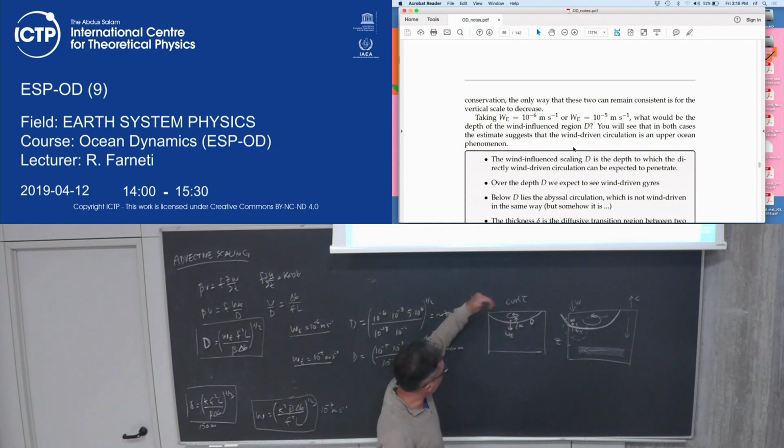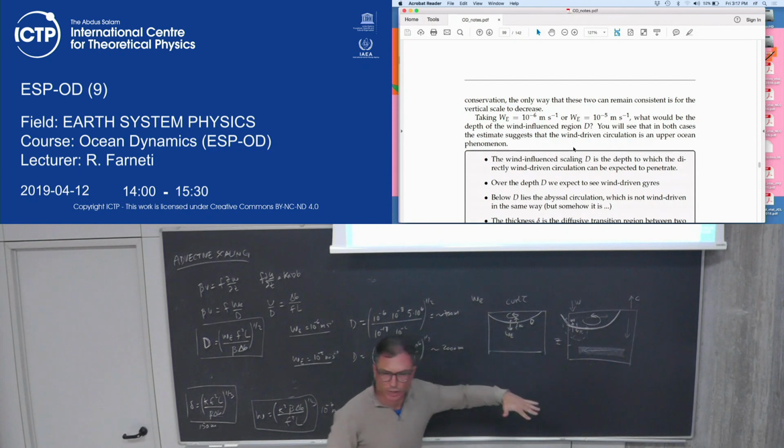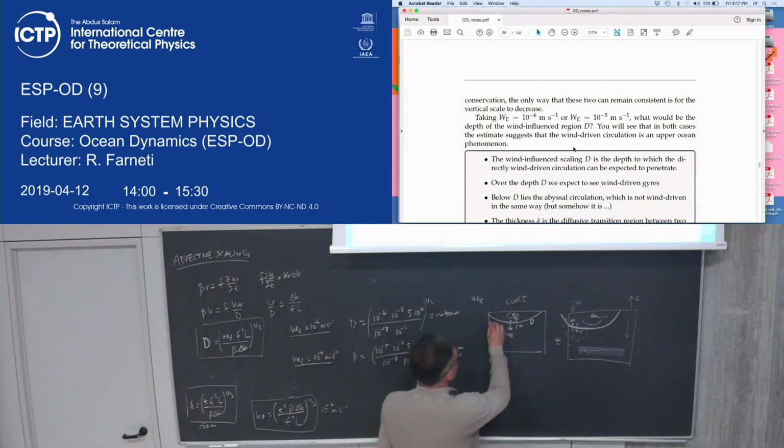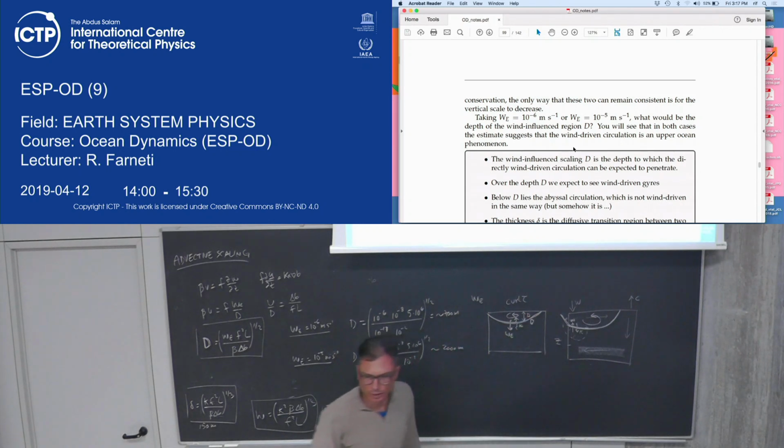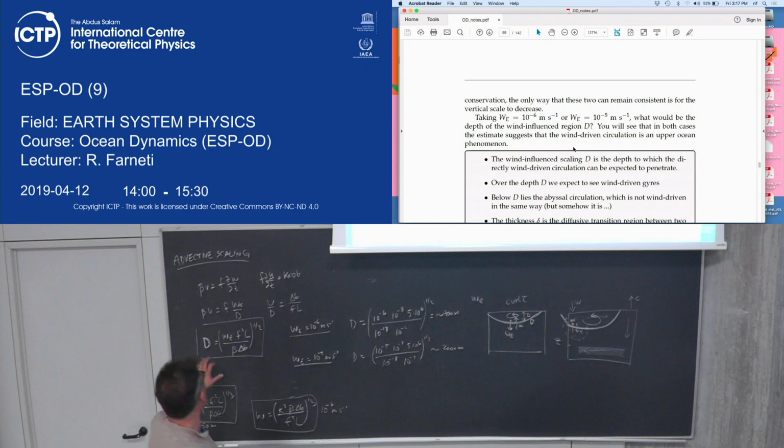This curl of the wind stress is inducing an Ekman pumping, in this case directed downwards, which is squashing down the isopycnals, and it will create a thermocline of depth d. Okay, so this is the depth at which the wind is felt by the ocean, because in this case we are considering the Ekman pumping. Okay, so that's the depth of the thermocline.